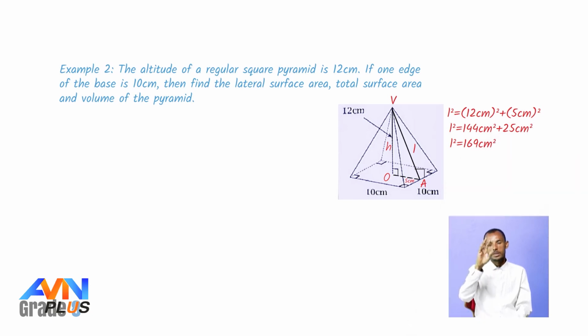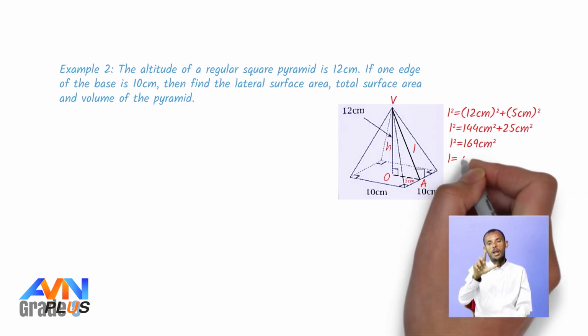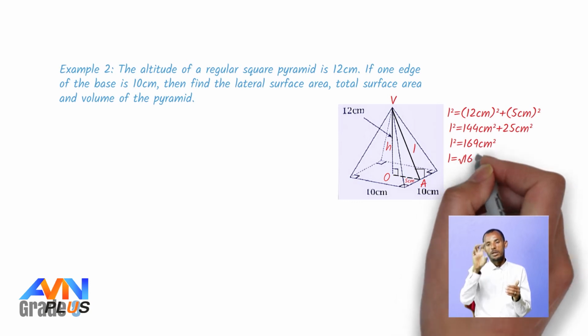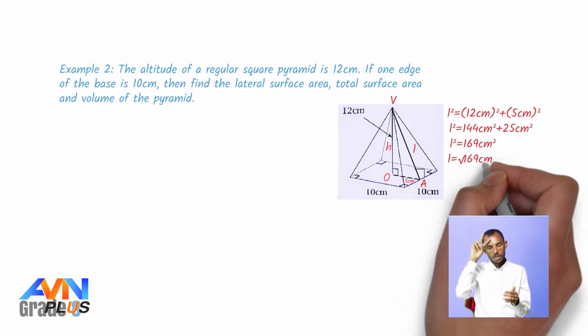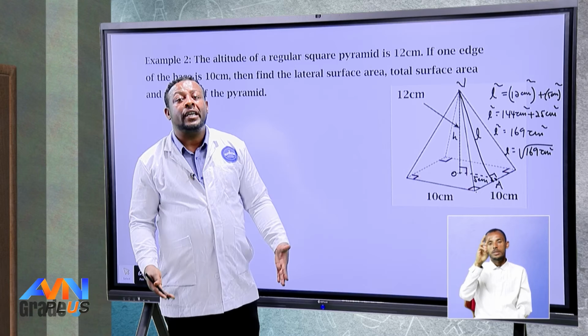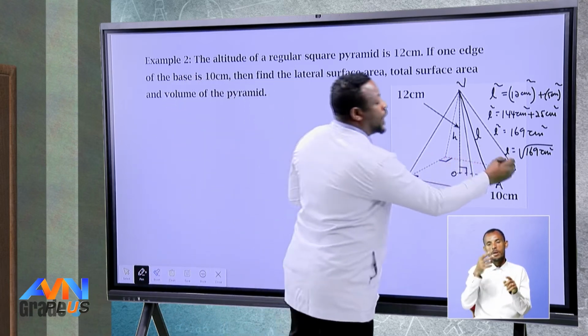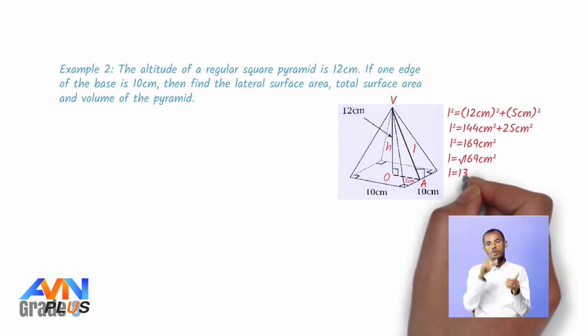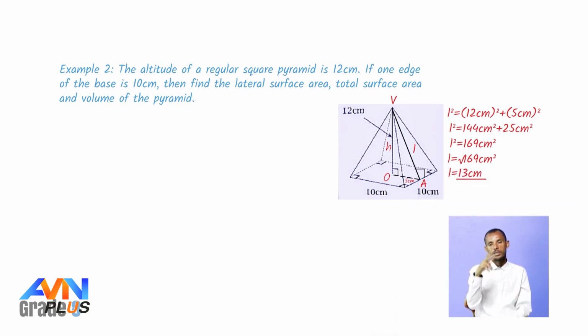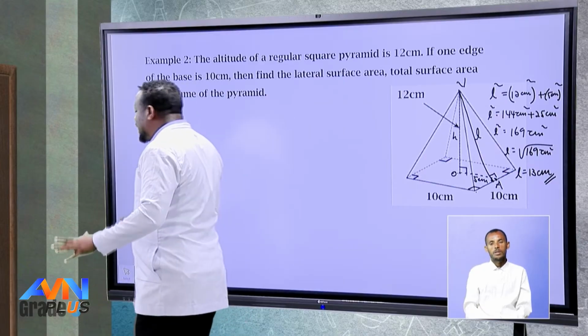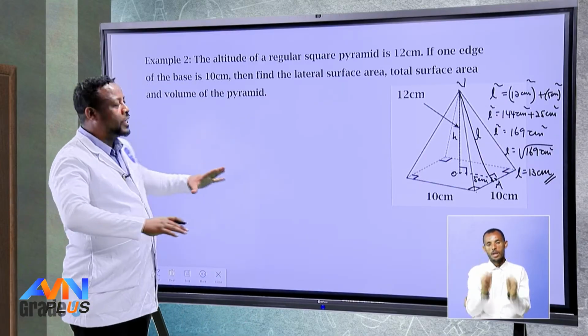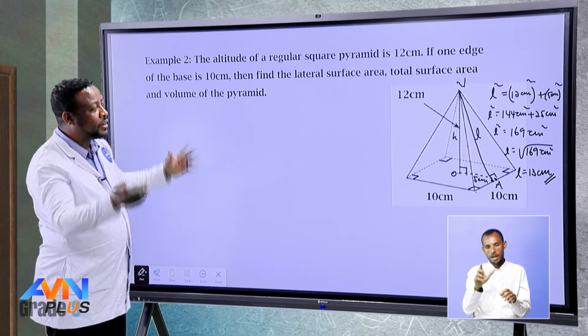The sum of these two becomes 169 centimeter square. So L becomes square root of 169 centimeter square. 169 is a perfect square, so you can take it out. So L is equal to 13 centimeter. Now we can calculate the surface areas and the other things.